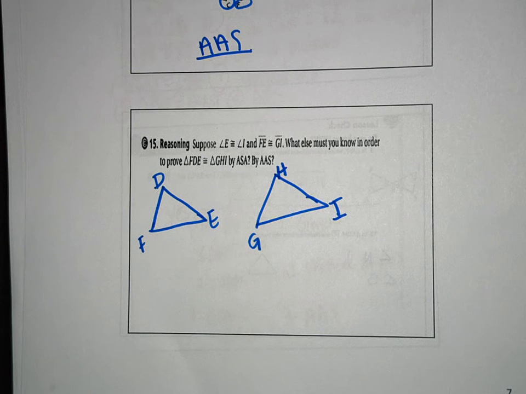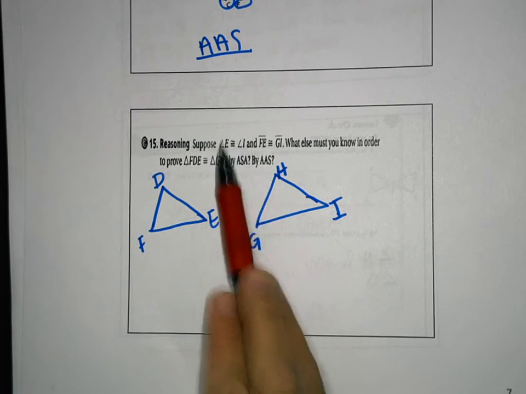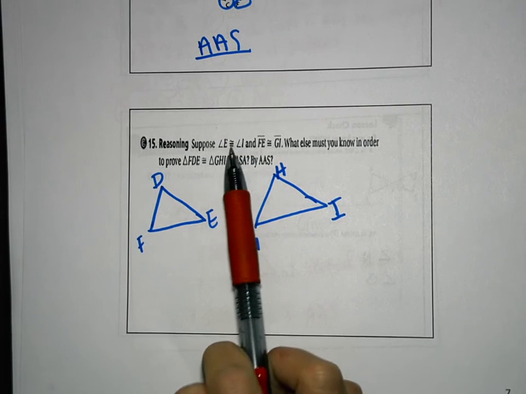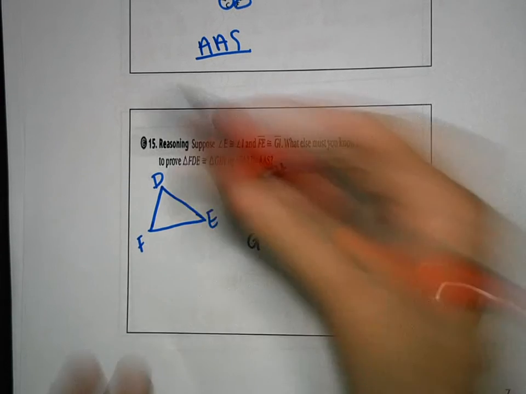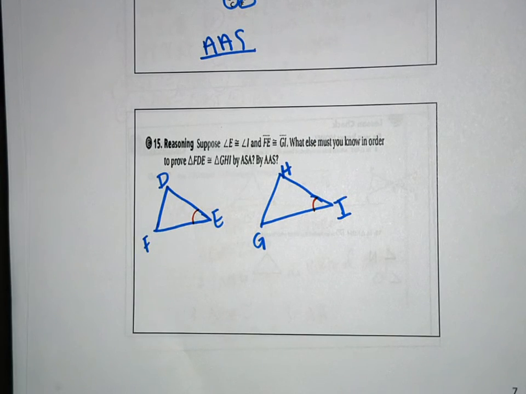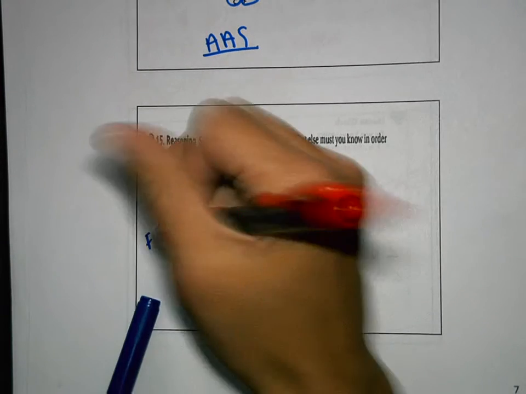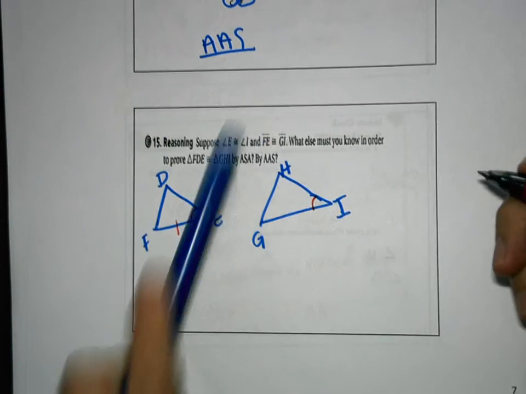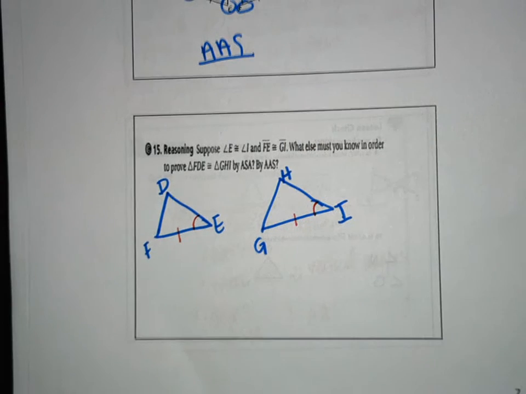Next, I'm going to mark the information that they've given me. They told us that angle E is congruent to angle I. So we're going to go E with one marking and I. And then it says FE and GI are congruent. So those each have the single mark there.